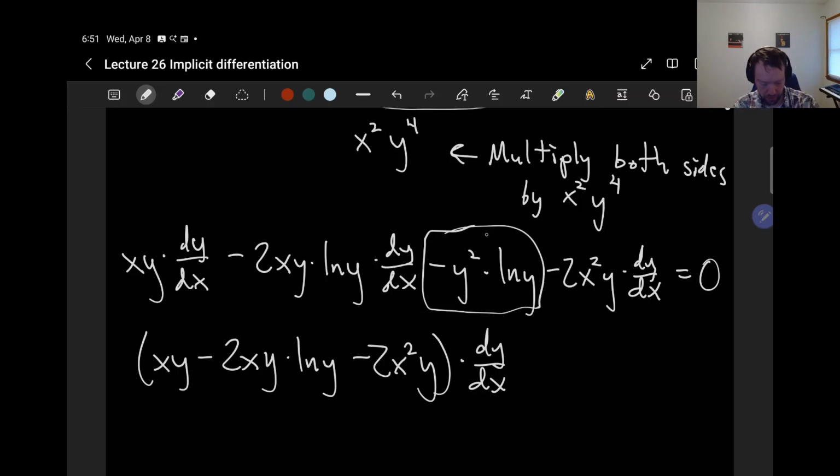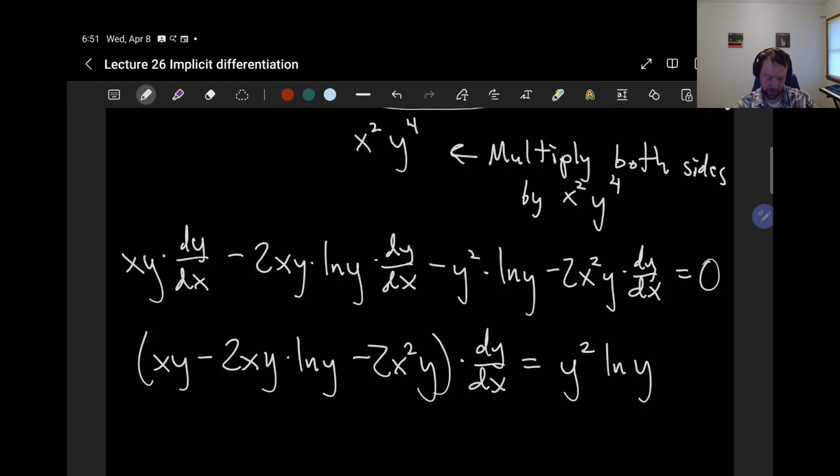And this other term, this negative y squared ln of y, I'm just going to add y squared ln of y to both sides. That just moves that on over.